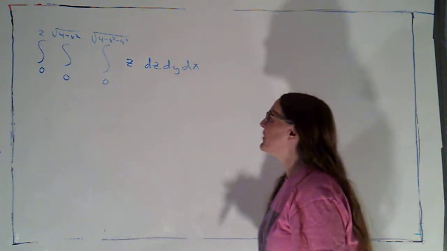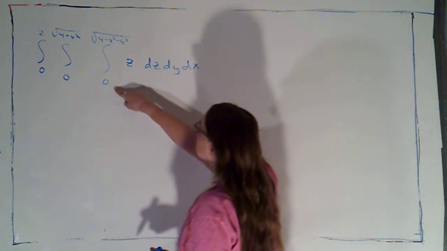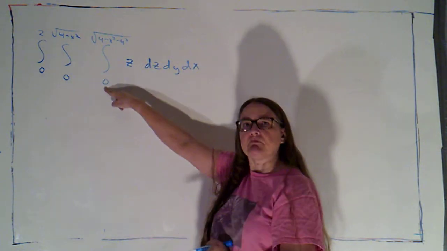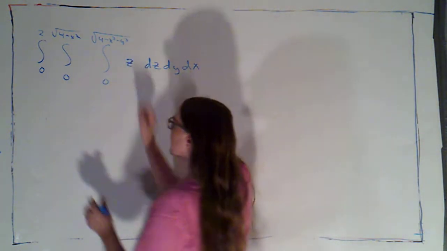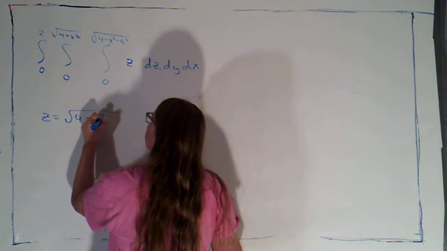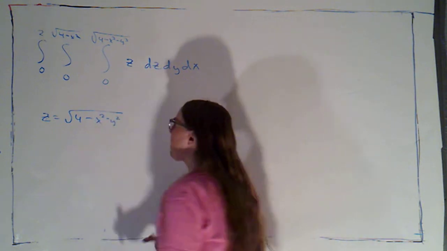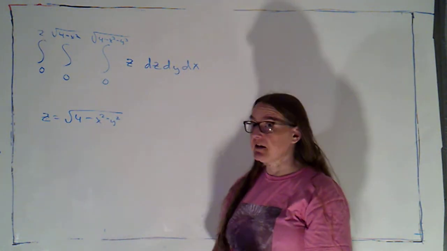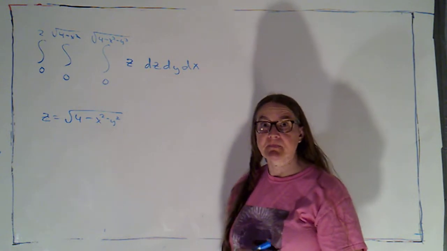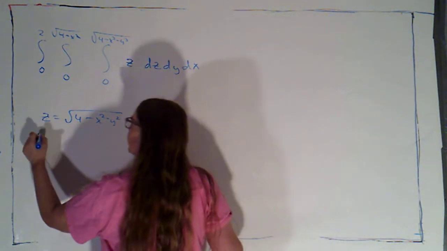in cylindrical coordinates. So these are my z values. Z goes from 0, that's the xy plane, to the top surface, z equals the square root of 4 minus x squared minus y squared. You might recognize that's the top half of the sphere of radius 2. If you didn't recognize it, here's how we get there.